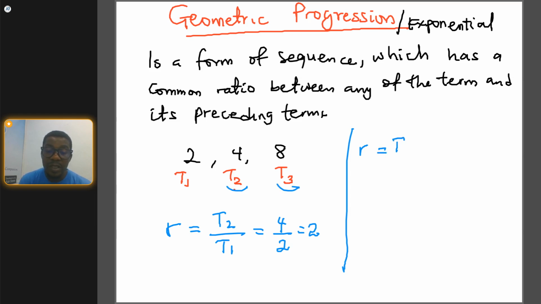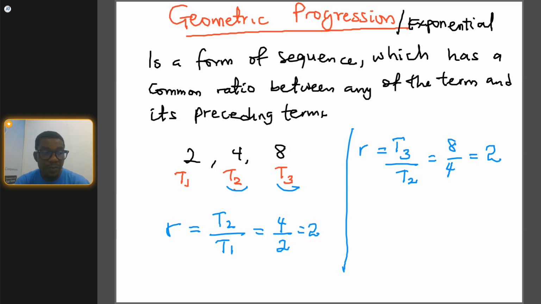R equals T3 over T2. That is 8 over 4, and when you divide that, you have what? 2. So the common ratio of this particular illustration is 2. The common ratio is 2.